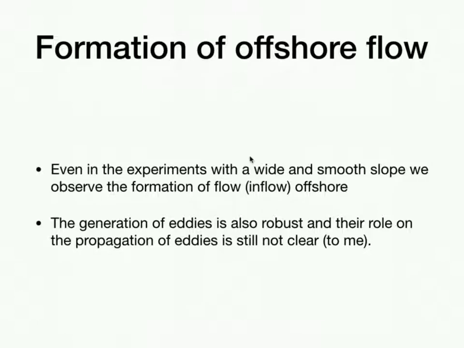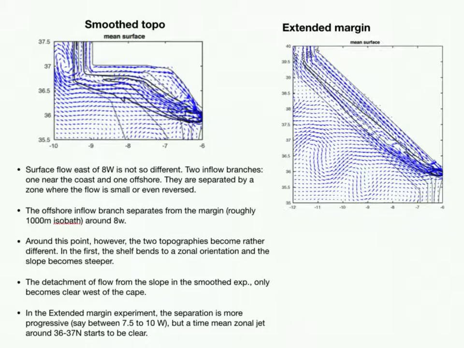So in parallel with the generation of this flow over topography, as we have seen already before, I've already mentioned earlier that very soon, around 8 West or even sooner, we have the generation of offshore flow.